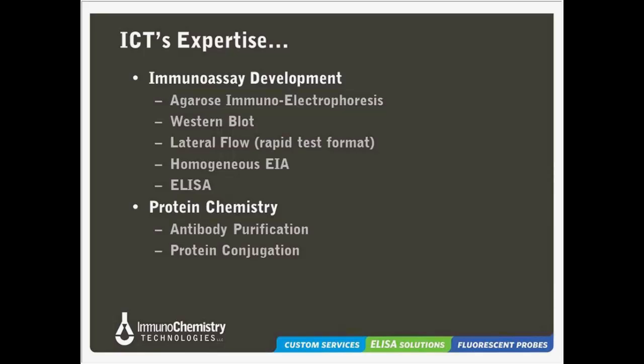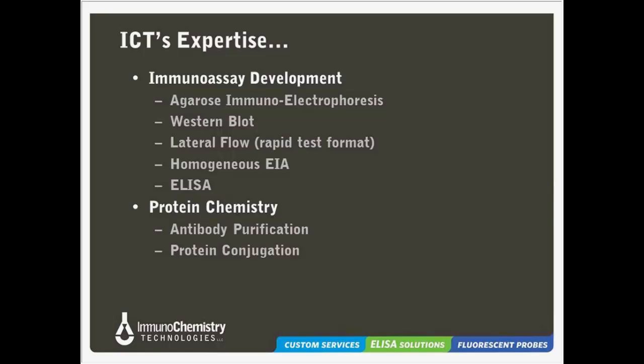The founders had a lot of prior background in multiple different types of enzyme immunoassay development formats, like agarose immunoelectrophoresis. Some of that's going way back if you're older. Western blotting, lateral flow, that would be your rapid test format. Think of your pregnancy test or some other test where you need a result very quickly.